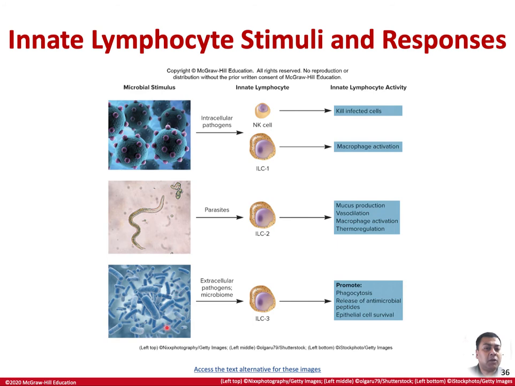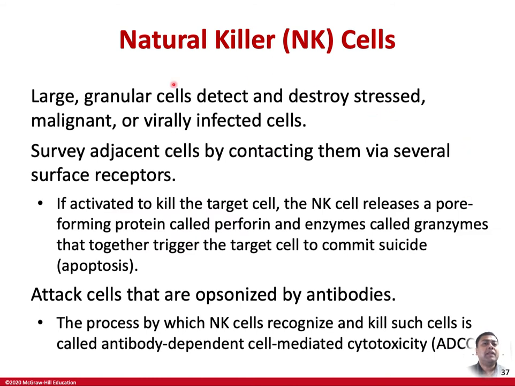If there are extracellular pathogenic microbes, the ILC3 can promote phagocytosis, release of antimicrobial peptides, and epithelial cell survival is also triggered in this way. So these are your innate lymphocyte stimuli and responses. Let's talk about the natural killer cells and what they are.